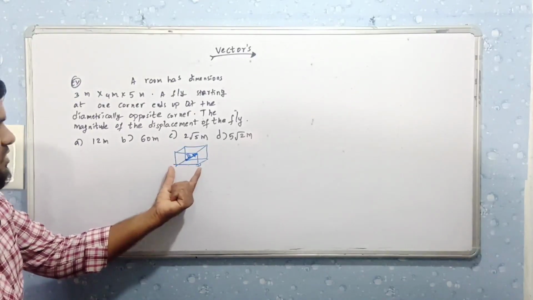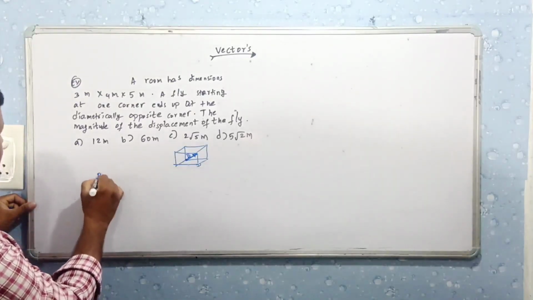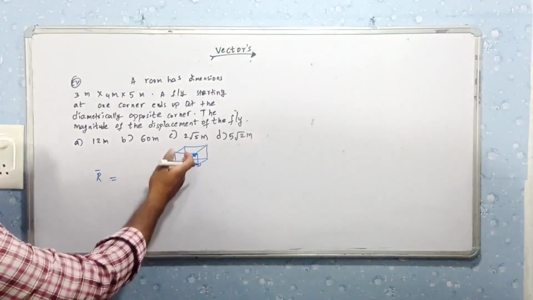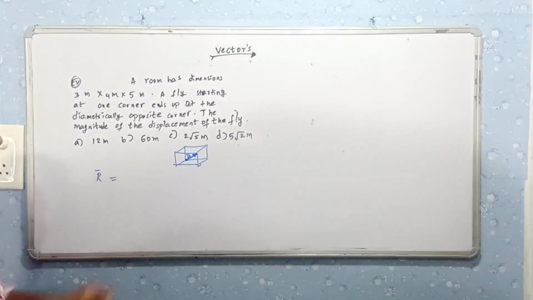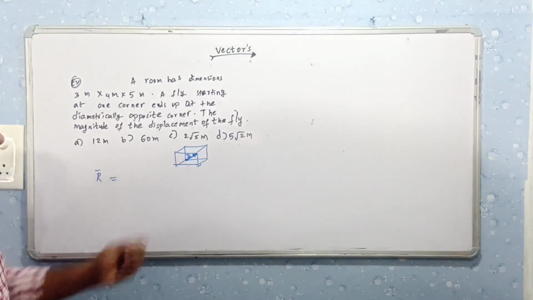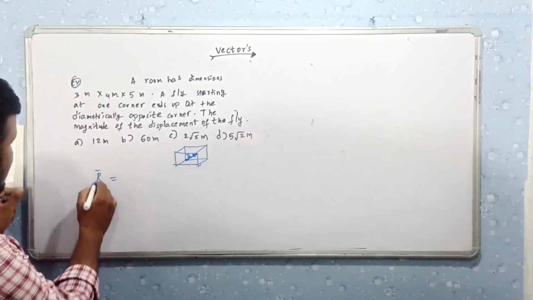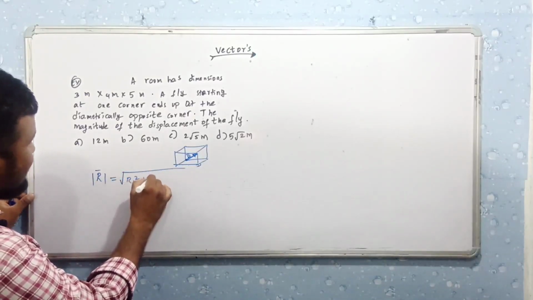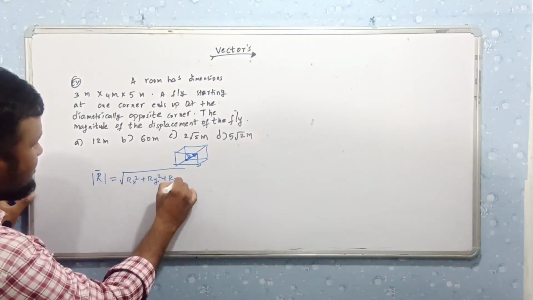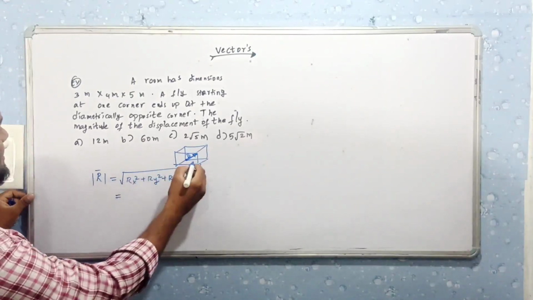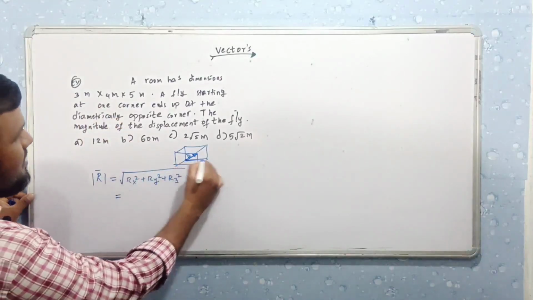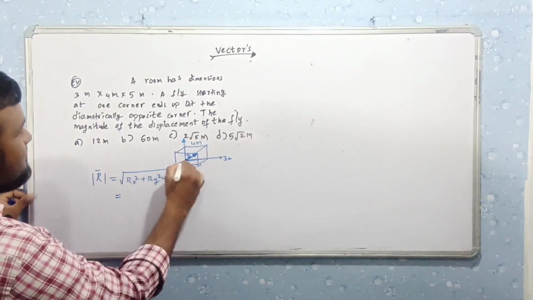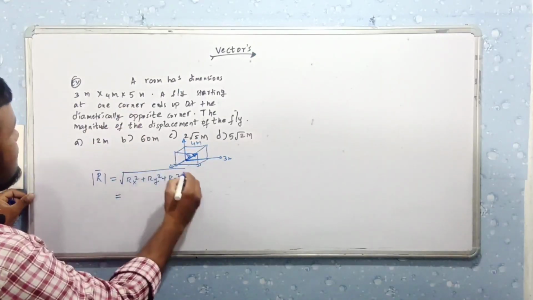We have just discussed the concept: magnitude of resultant r bar is a representation of position vector rx i cap, ry j cap, rz k cap. For this the magnitude of r bar is equal to root over rx square plus ry square plus rz square, where rx is 3 meter on x-axis, 4 meter on y-axis, and z-axis is 5 meter.